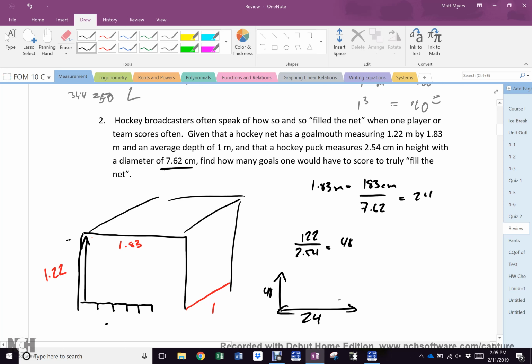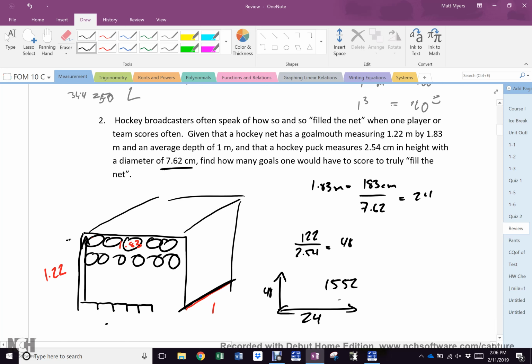So how many pucks would it take to fill up the front of this goal? 24 times 48, which is how much? 1,152. Agreed? So this whole rectangle in front would take 1,152 pucks.